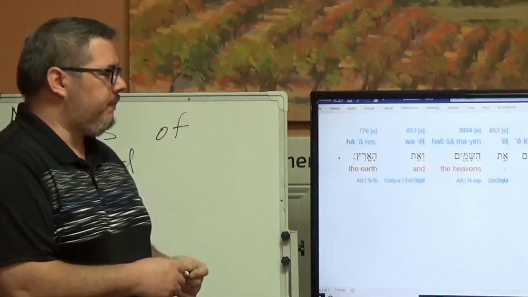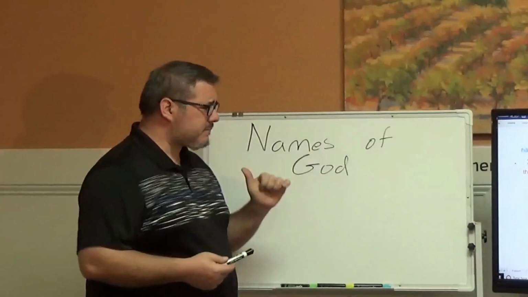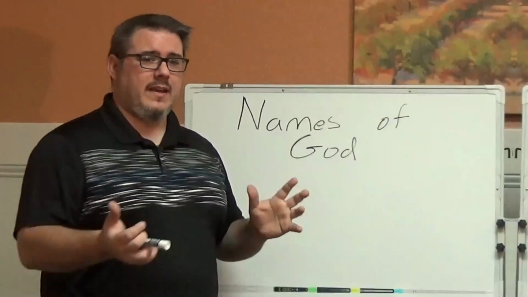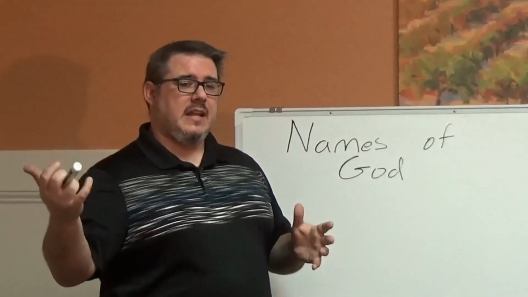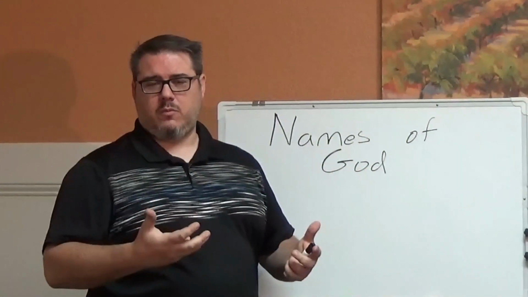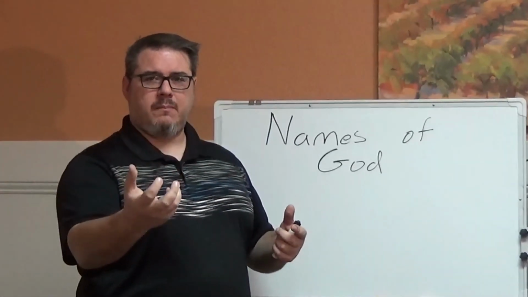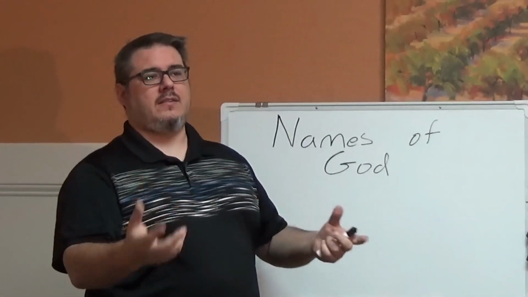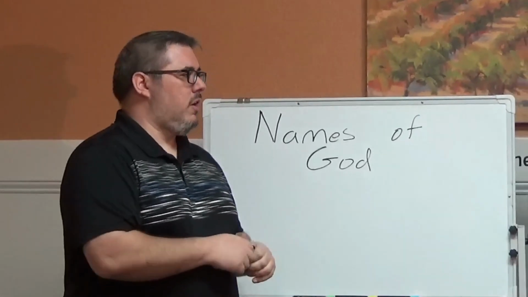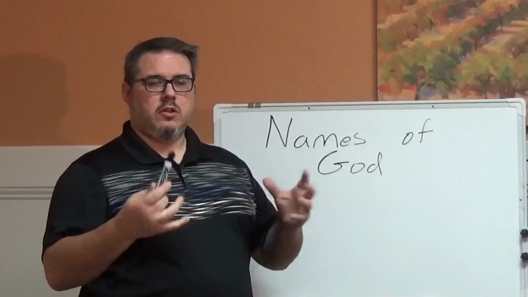Now, when we talk about the names of God, the best place I think to start is the beginning, and I want to take this from the beginning and move through and do them in order, so that we're not looking at one name and then trying to figure out how that name came into use, or the significance of that, especially when you're looking at languages.